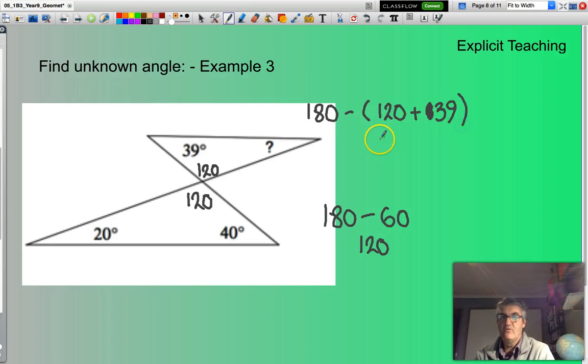In other words, 180 take away 159, which will equal, well, 180 minus 160 would be 20, so that will be 21. So the angle in here will be 21 degrees.